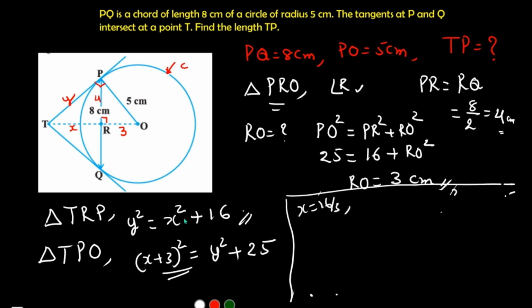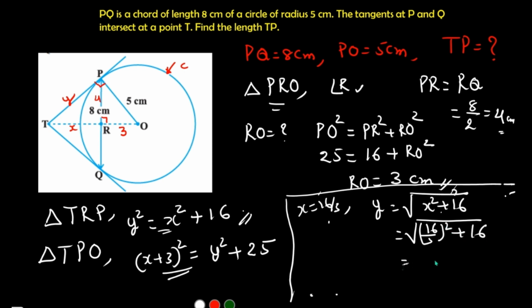If you substitute this into the equation, what does it show? Y square is equal to X square plus 16. That means Y equals the square root of X square plus 16. If you substitute X equal to 16 by 3, we get the square root of (16 by 3) whole square plus 16.